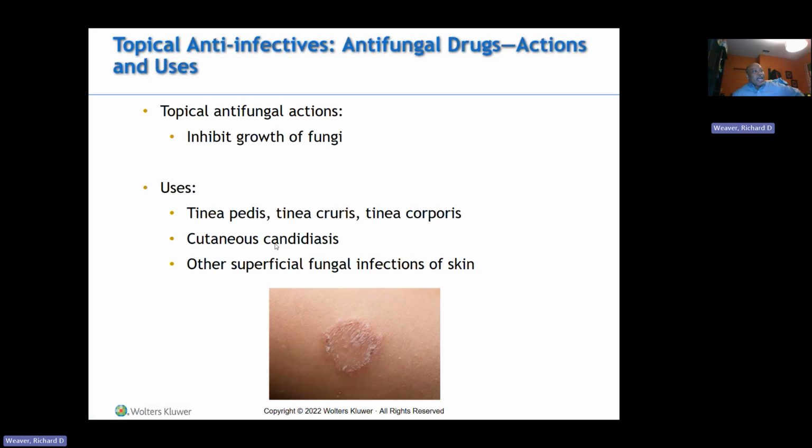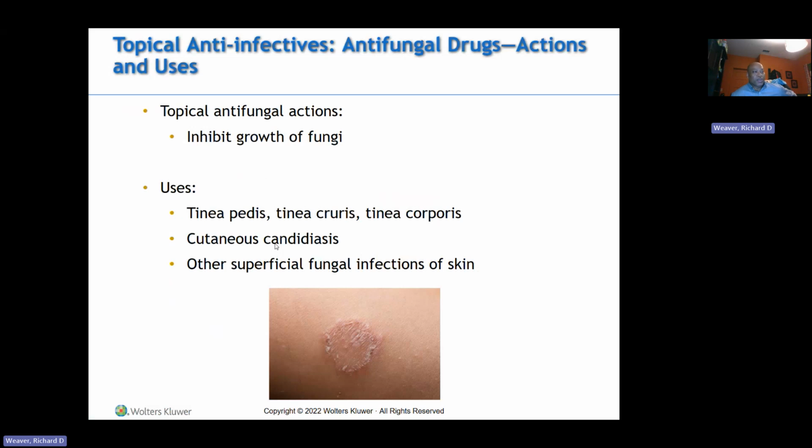The next anti-infective, and remember, when we say anti-infective, this word does not just belong to your antibiotics, but it also refers to your antifungal medications and your antiviral medications, because remember, bacteria, fungi, and viruses are all infections, right?